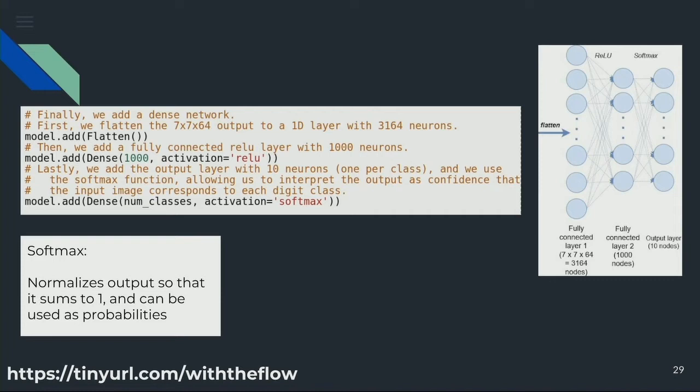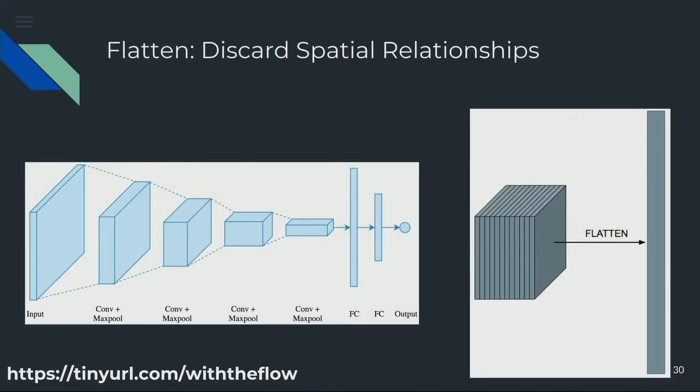This normalizes the output so they sum to 1, so you can interpret them as probabilities and train with these 1 hot vectors because no output's going to be greater than 1. And we pass in the number of classes there to tell it how many neurons are in the output layer. This is a visual depiction of that flatten process, just so you can see what that looks like.